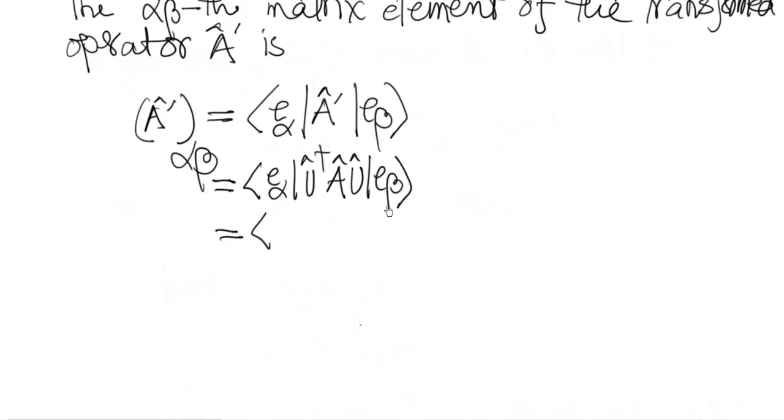And you see, we know the ket U alpha is equal to, I'm sorry, when the unitary operator U acts on ket E alpha.